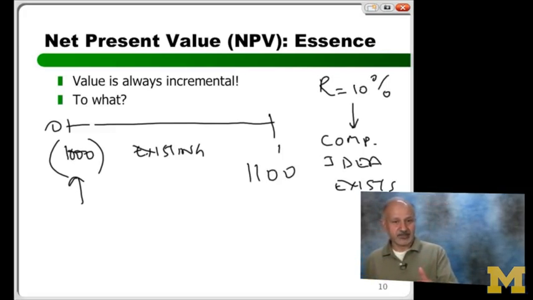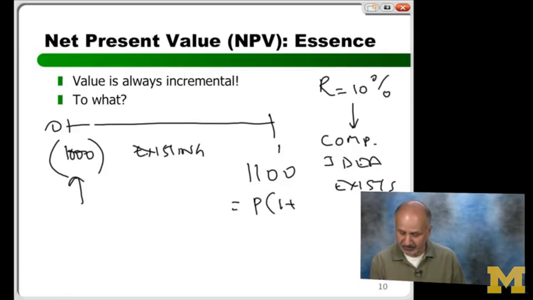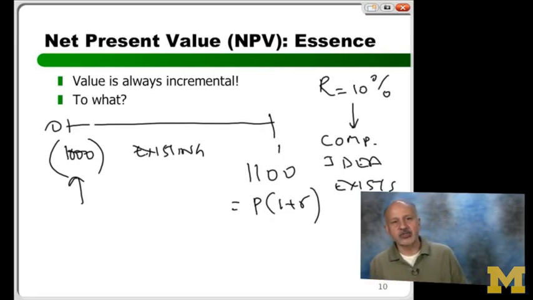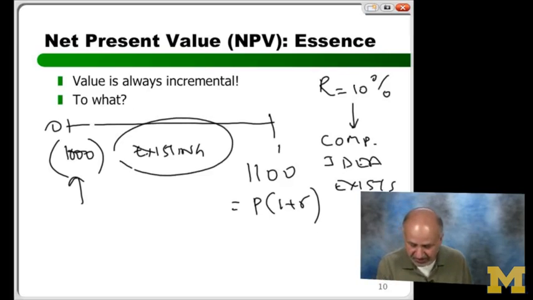Take 1,000, you'll get the 1,000 back plus the 10% return. So this is equal to P(1+R). This is the first thing we did. And what is P? $1,000. Why is it negative and this positive? Because pain comes and then you get a gain. So the $1,000 grows into 1,100. This is with the existing idea. Somebody's already doing this kind of business.